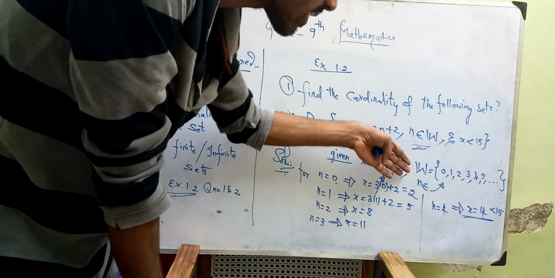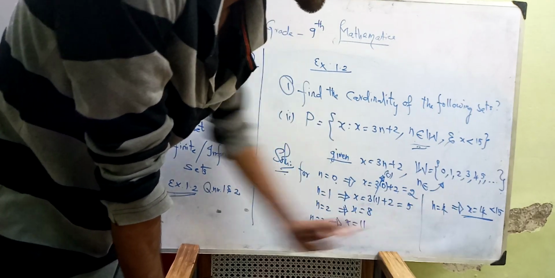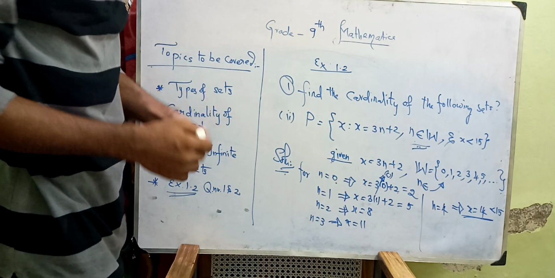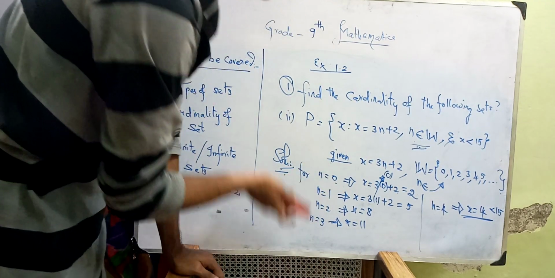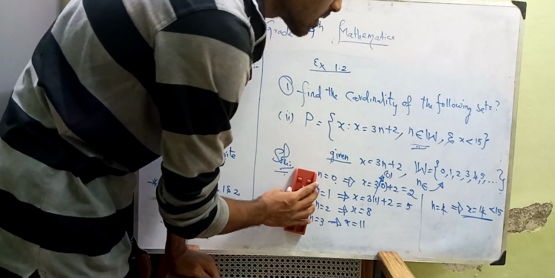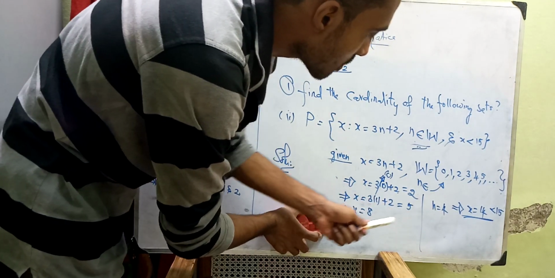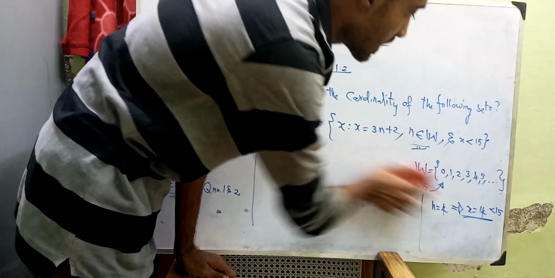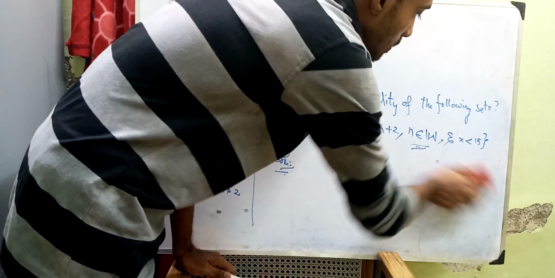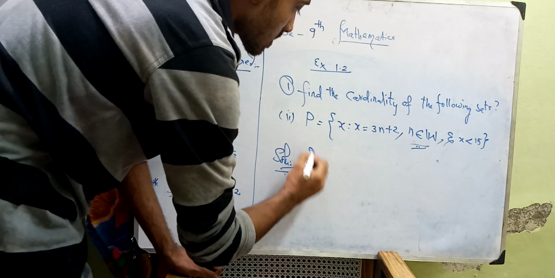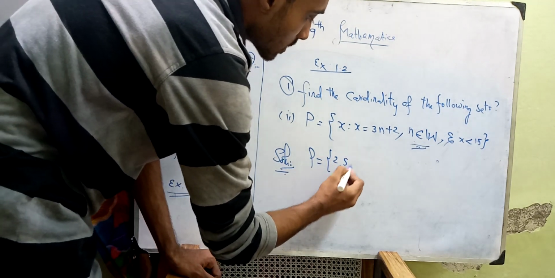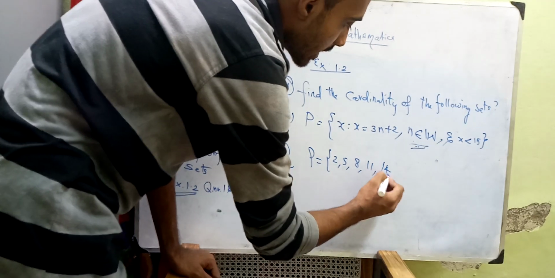We can collect all those numbers we just found for X, and that was our answer. So that is what our cardinality is. Here we have, I'll write, 2, 5, 8, 11, 14. What are the sets? P is equal to 2, 5, 8, 11 and 14.